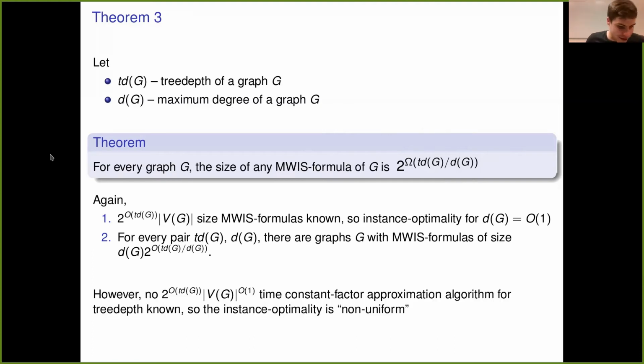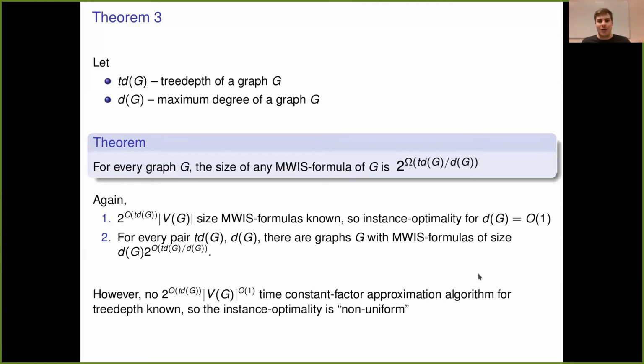And here I think there's an interesting difference to the case of ambiguous circuits: for circuits we have an efficient algorithm for approximating tree width, but for formulas, I mean for tree depth, we don't know of a constant factor approximation algorithm with time complexity like this. So this instance optimality is non-uniform.